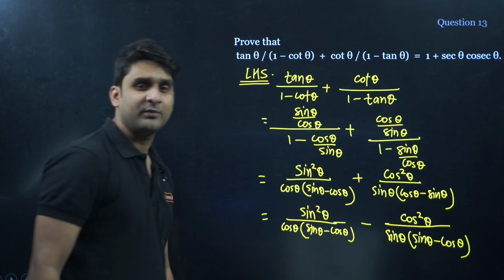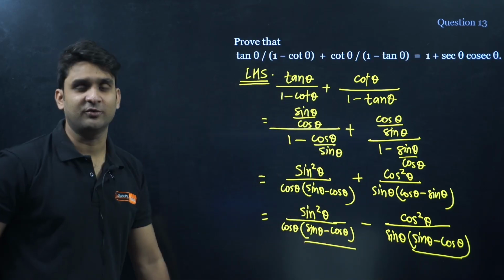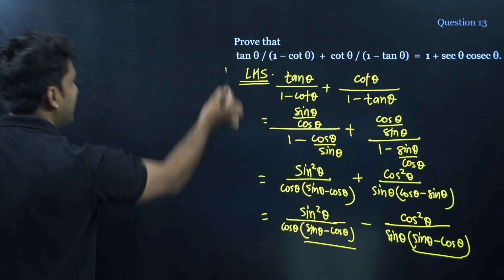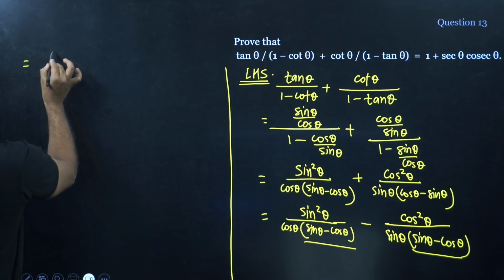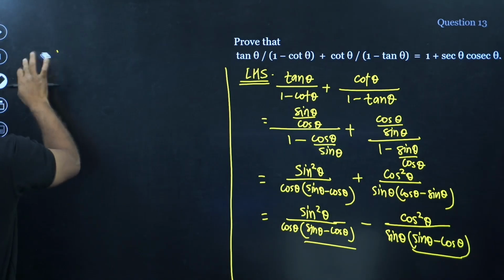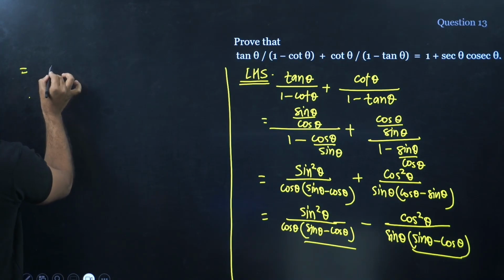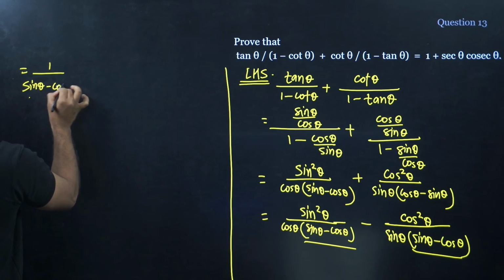Clear, everyone? Now look at both the brackets. This is sine theta minus cos theta, this is sine theta minus cos theta. Now we can take it common. Dear champions, look at the magic. So let's take common first. I have taken 1 by sine theta minus cos theta common.